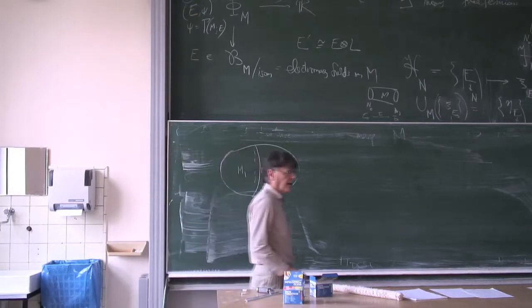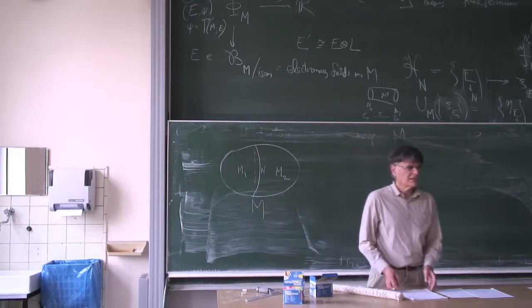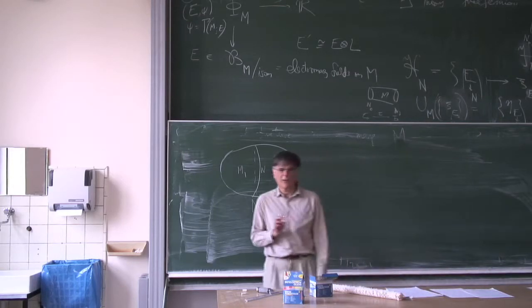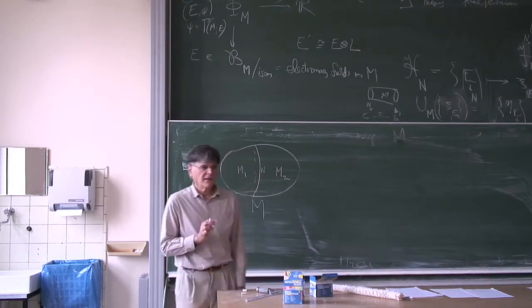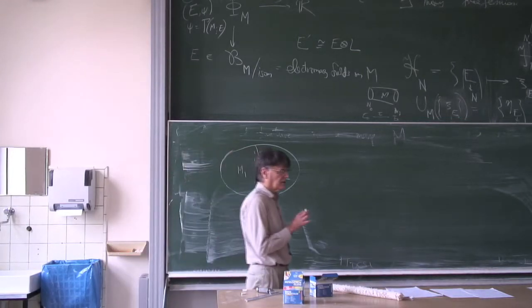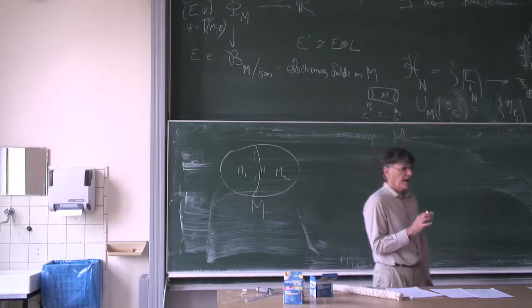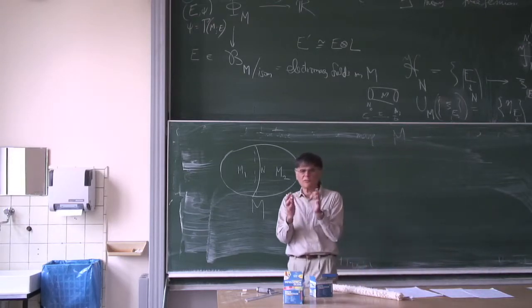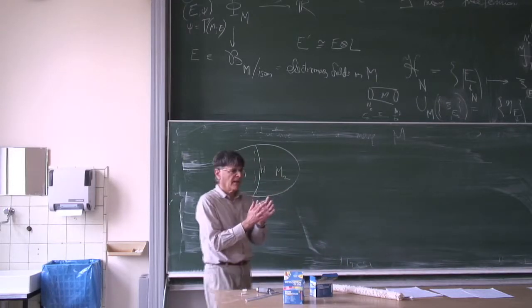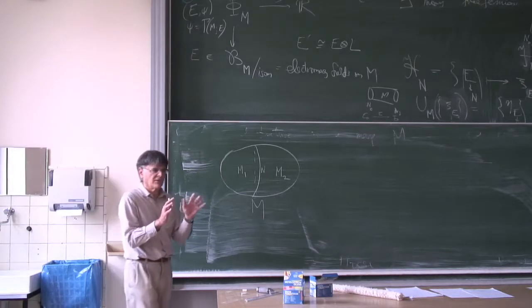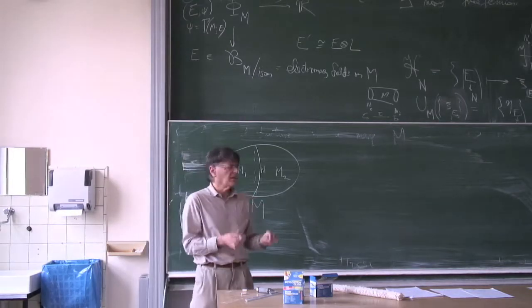Why do we care about locality? There might be lots of reasons, but the reason I care about locality, mostly, is because one wants to define a moduli space of these theories, and in order to define a moduli space, you want to know what an infinitesimal deformation of a theory is. Now, an infinitesimal deformation of a theory, any physicist will tell you, is given by some field in the theory.